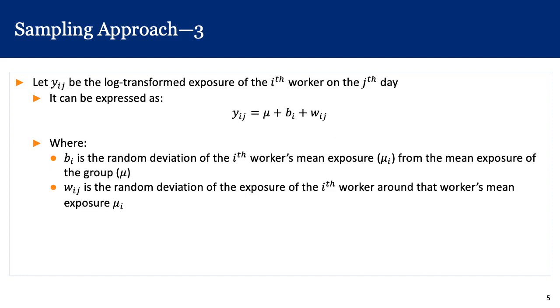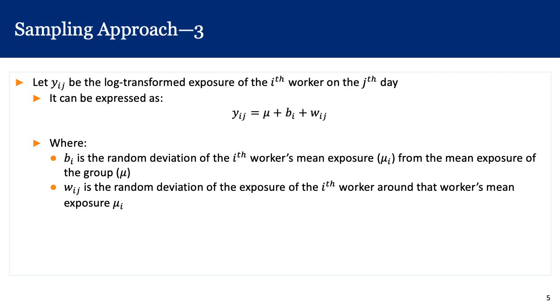Now let us take the log transformation of each one of these measurements. And so Yij would be the log transformed exposure of the ith worker on the jth day. And so now we can express this log transformed exposure, Yij, as the sum of three terms.